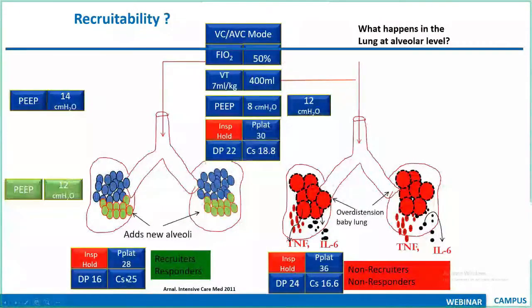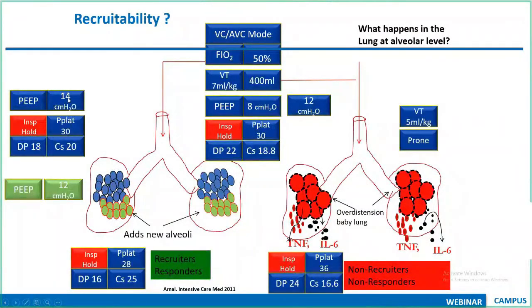Now we want to know whether 12 PEEP is enough or whether we want to give more PEEP. So I increased from 12 to 14. Here, when I am using 14 PEEP, the plateau pressure is 30, but the driving pressure has gone up from 16 to 18, and the compliance is decreasing. This is how you look at best compliance.